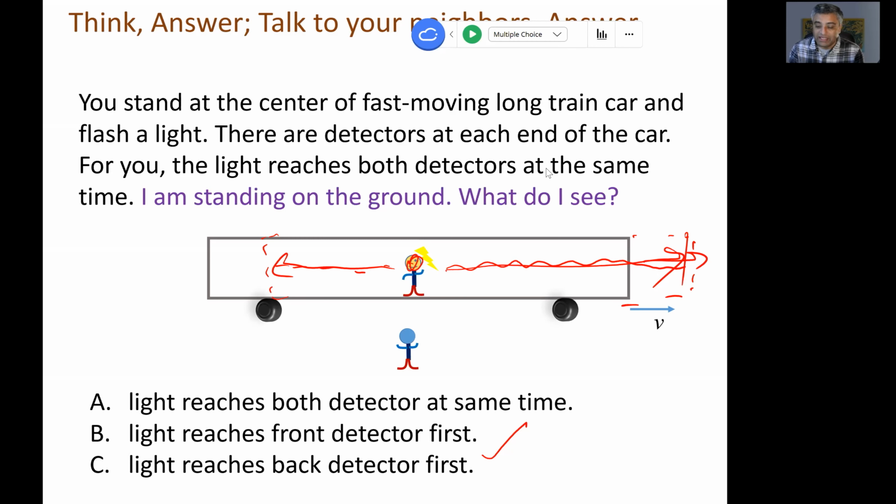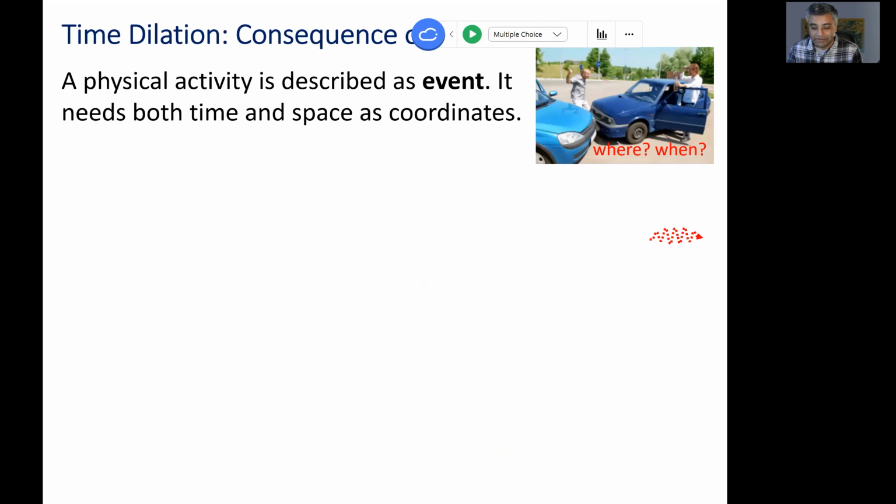So now we can use this idea to build on this and write the difference in time, okay? In the theory of relativity, you see this term called event, just like you saw in that question.